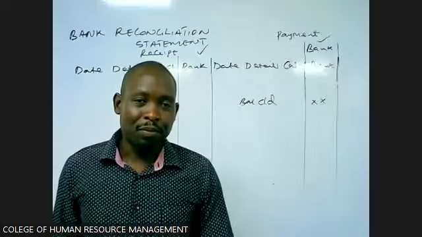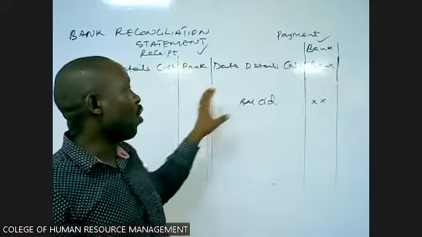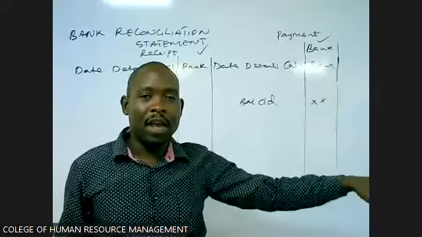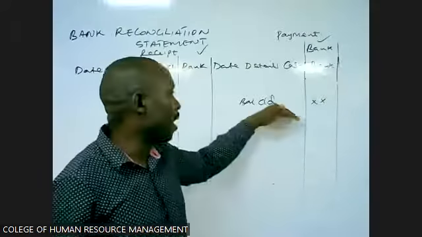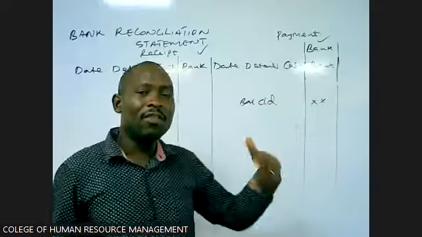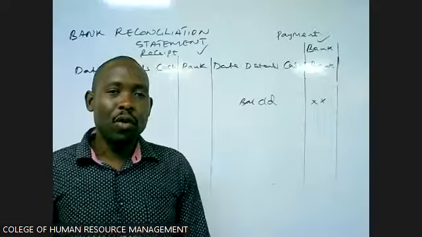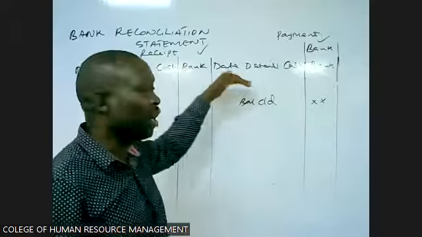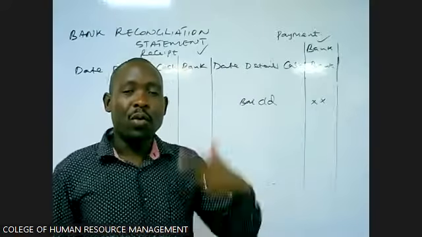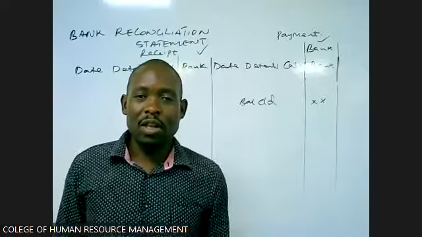So ideally, if all the checks that we receive and all the checks that we pay have been taken to the bank, the balance that we have calculated here should be the same as the balance in the bank statement. If we go and request the bank statement for the same period, maybe this is the cash book for January 2023, we request the bank statement for the month of January 2023.